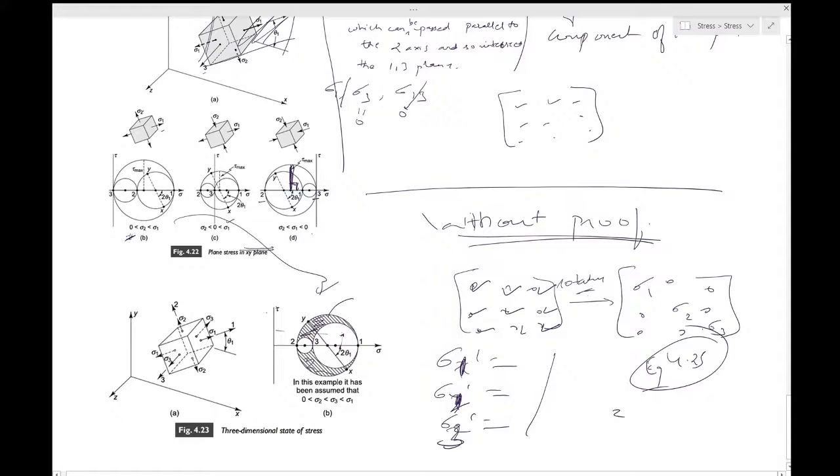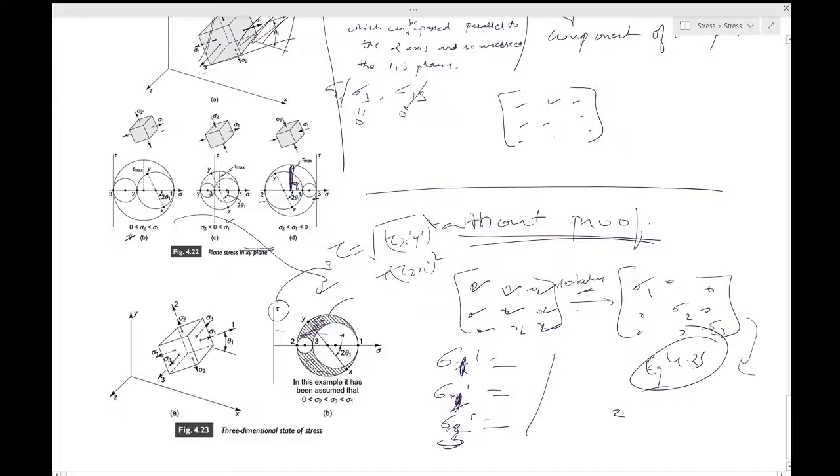The shear stress in a definition like this is normally the resultant value, equal to the square root of tau x dash y dash squared plus tau z x dash squared.